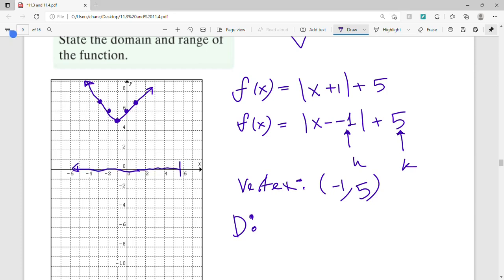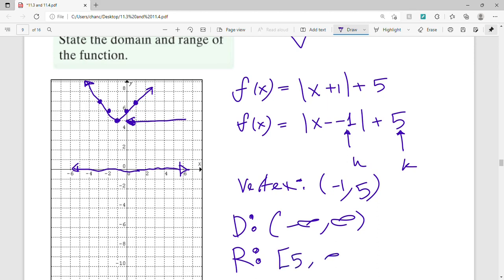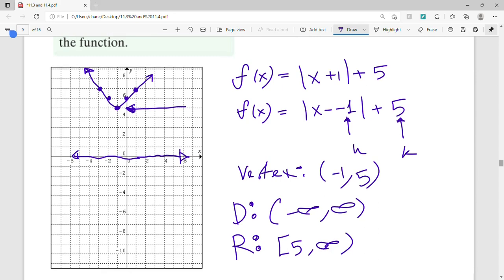It goes forever to the right. So it's from negative infinity to infinity. For the range, it goes down to here. That's the lowest value for y. So it goes down to 5, but it goes up forever. The range is square bracket 5, comma, infinity.